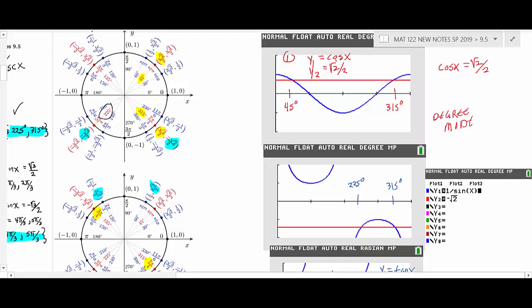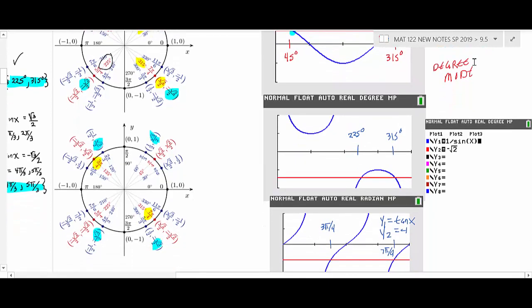I just graph cosine of x, and I graph square root of 2 over 2. So what you're essentially doing is you're looking for these intersection points. And if you trace at 45, you would see that you would be at that intersection point. And if you trace at 315, you would also be at that intersection point. So you can always graph the left and right side and see where they intersect. Just trace out your solutions and see if it's right.